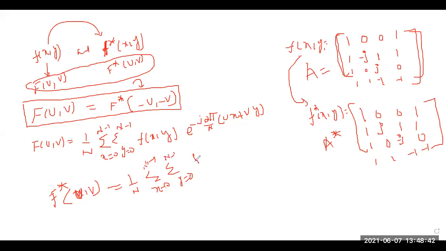Now I perform the complex property, so it will be f star of x and y, e to the power of minus j 2 pi by n, ux plus vy.